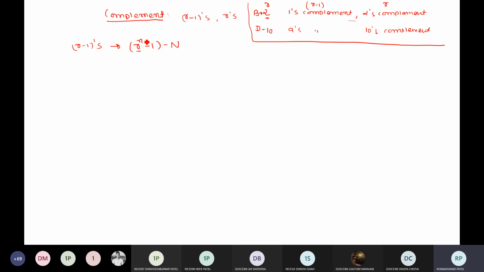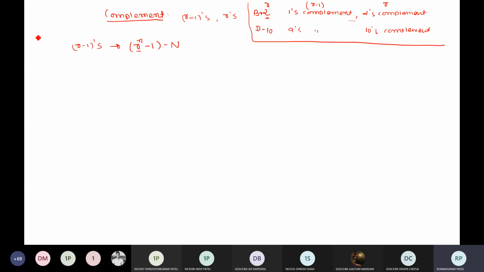Small n is the number of digits in that representation.